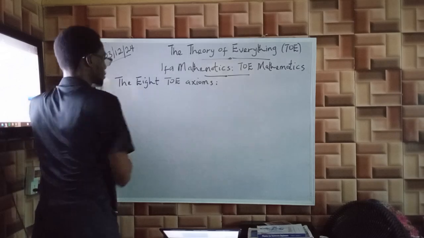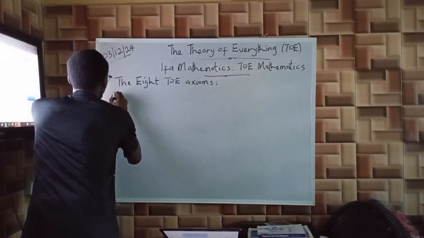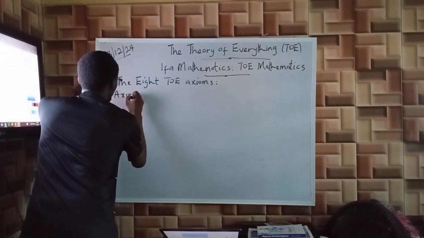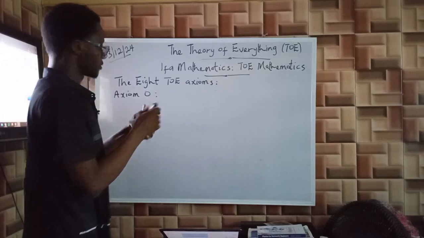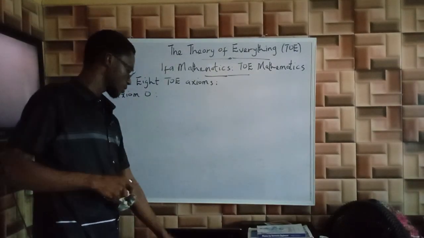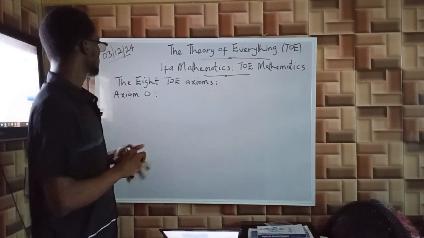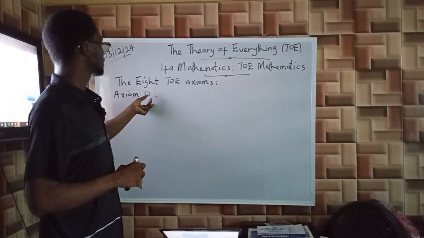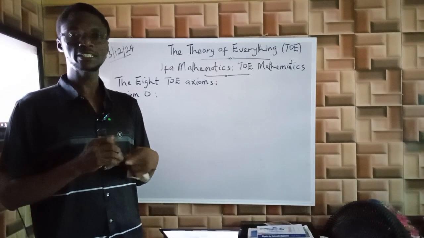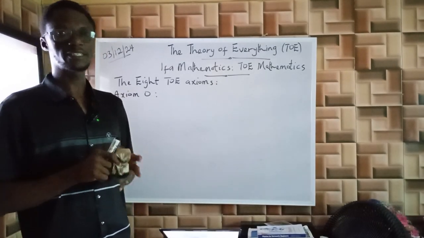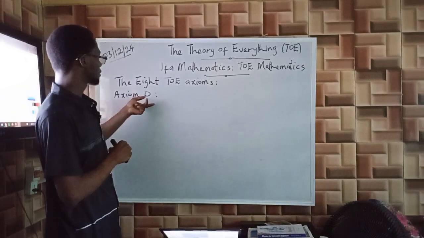We start with axiom 0. This is the first axiom. Axiom 0 simply states that energy or consciousness energy, which is CEN, is all that really exists at the most fundamental level. That is axiom 0.